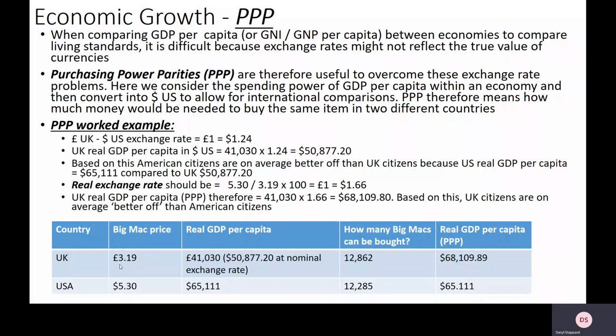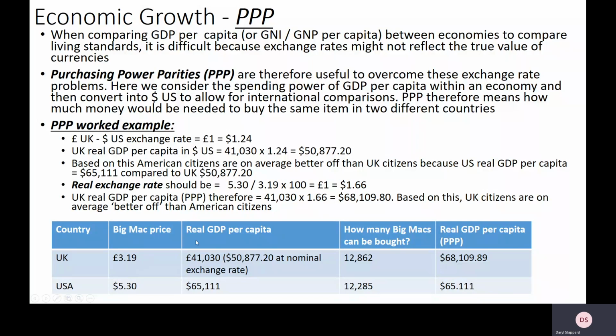In America, it's $5.30. Now, what this therefore means then is to buy a Big Mac in America, the average British person would have to sacrifice £3.19 to get that American Big Mac. The American person would have to sacrifice $5.30 to buy a £3.19 Big Mac.